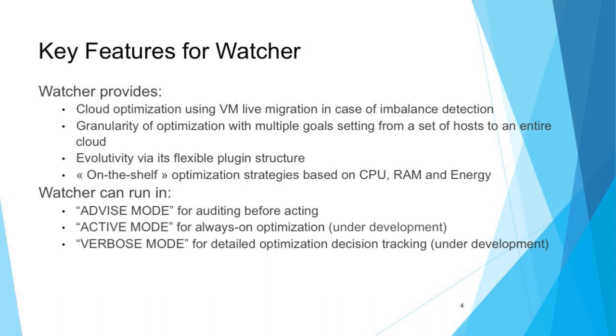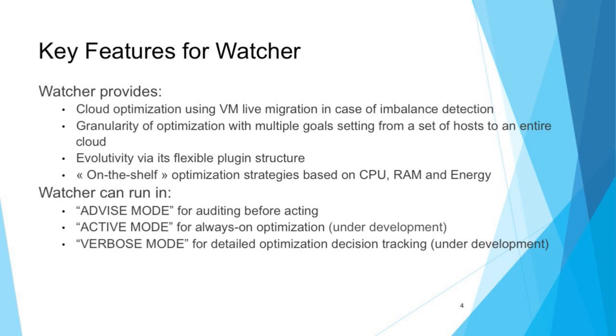So getting back to the advised mode versus the active mode: advised mode is where you trigger Watcher to do an optimization based on the algorithm or the SLAs that you have, and then it comes back and tells you what you need to do. The other one is what we call active mode.